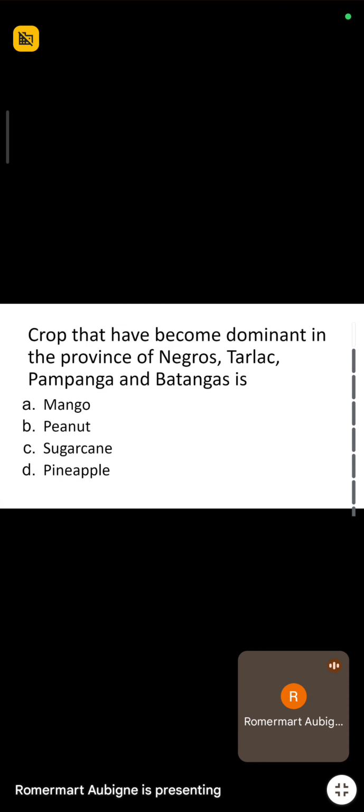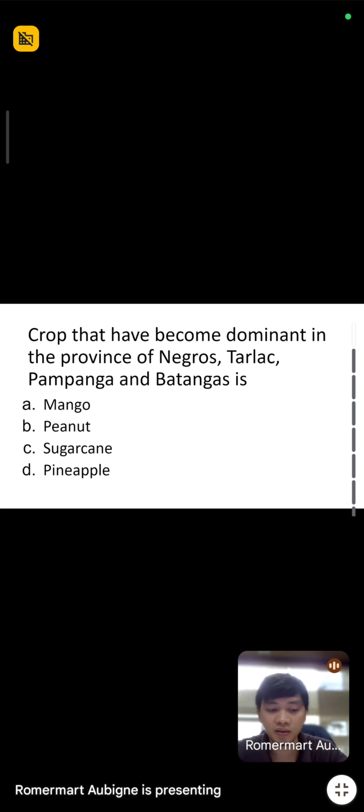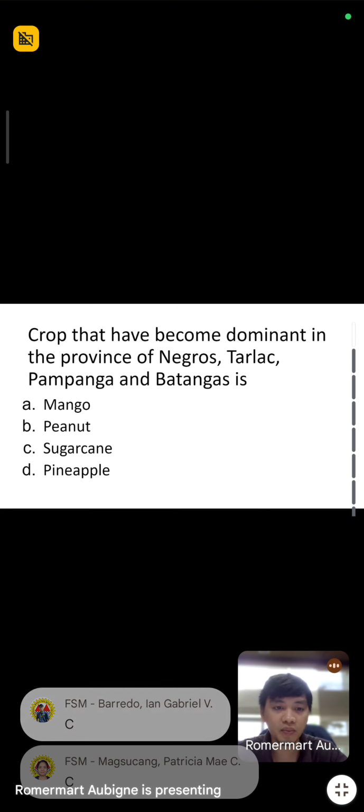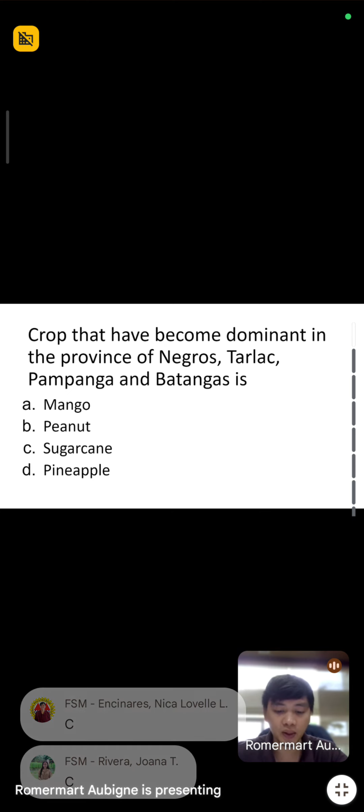Next, crop that has become dominant in the provinces of Negros, Tarlac, Pampanga, and Batangas. What could this be? A, mango, B, peanut, C, sugarcane, or D, pineapple.